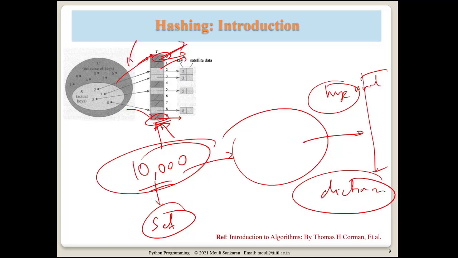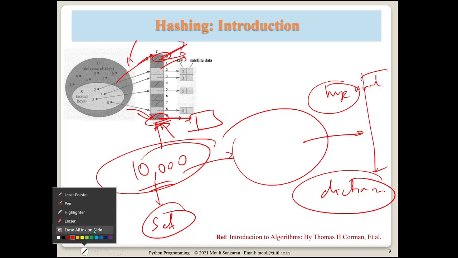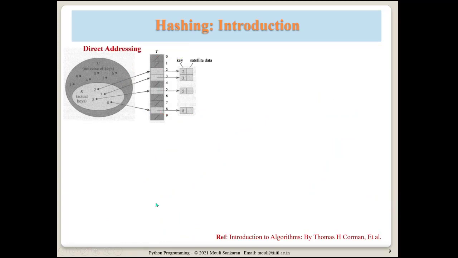Maybe initially it is filled with null, but later when an element with this particular index is added, the real object gets added to it. So it's a waste of space. This is called direct addressing. If the size of the universe is huge, then the size of the table should also be that much.